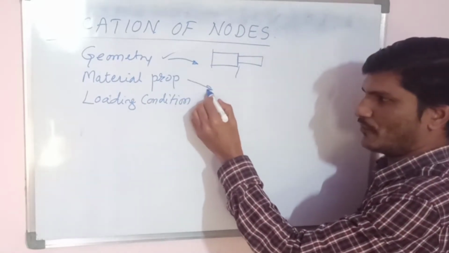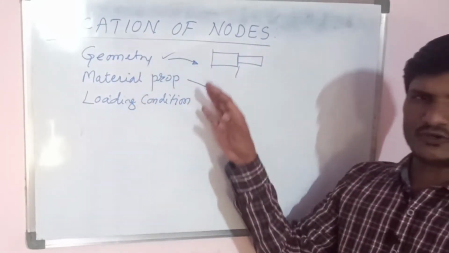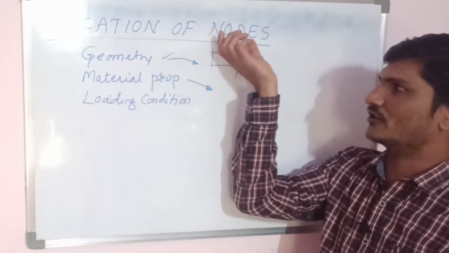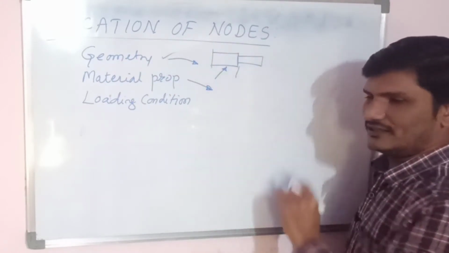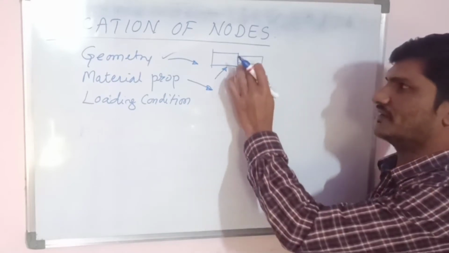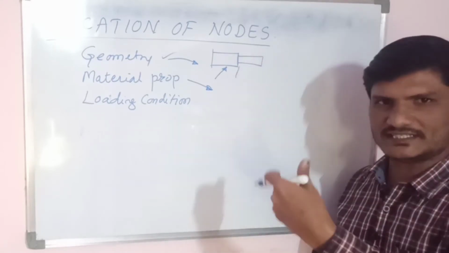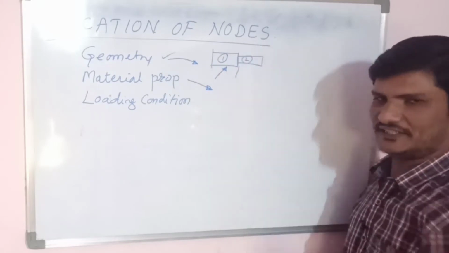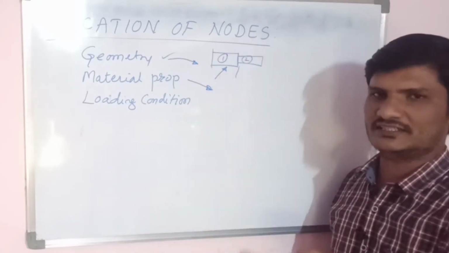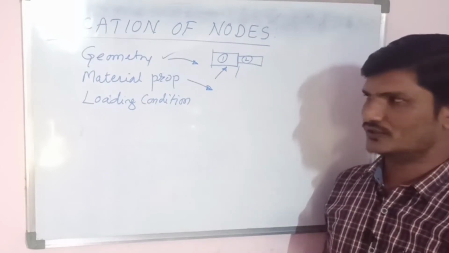Now, the material properties are another important factor when you are locating the nodes. Suppose element 1 is made of aluminum, and another element is made of steel, then the materials in 1 and 2 are different. When materials are different, how can you represent the node loading?